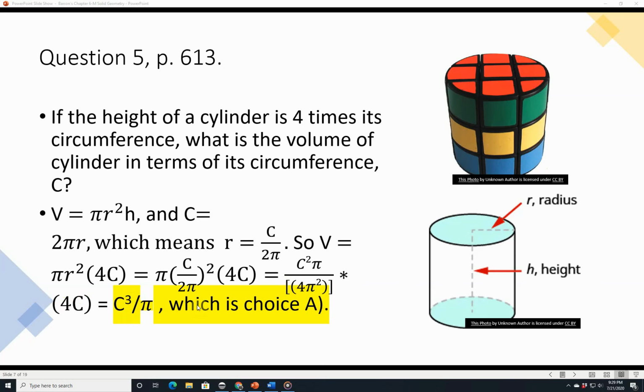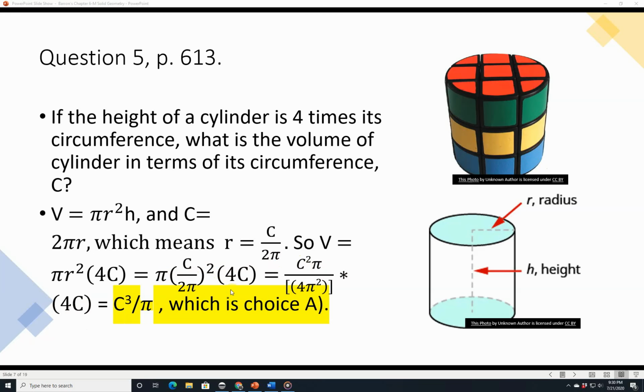I'm sorry, I made a mistake. It's c cubed divided by pi, which is choice A. So again, in case you didn't get it, we have pi r squared times 4c, substitute in c over 2 pi squared, and times 4c, that becomes c squared times pi over 4 pi squared, multiplied by 4c.